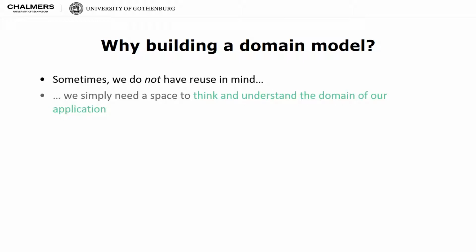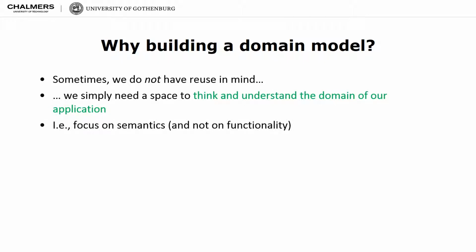However, sometimes we don't have reuse in mind. For instance, we know from the beginning that we are going to build a one-off application, meaning a single application within a business environment, and not a family of products.